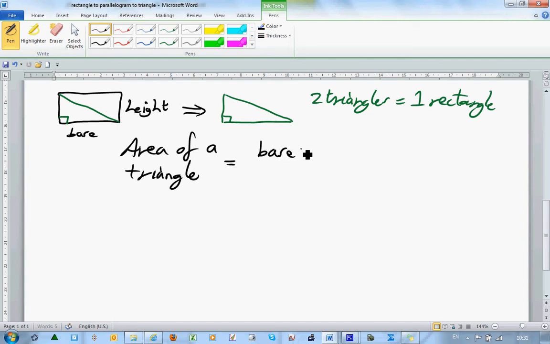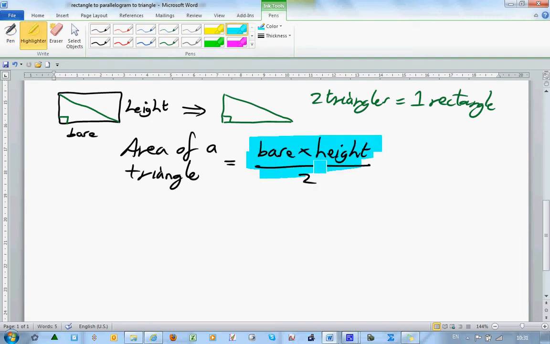So the area of a right angle triangle comes directly from the rectangle. Because two triangles make a rectangle, so a triangle must be half the rectangle. Now that's all well and good, but if you chop a rectangle in half or a square in half, you're always going to get your right angle triangle if you do it this way.